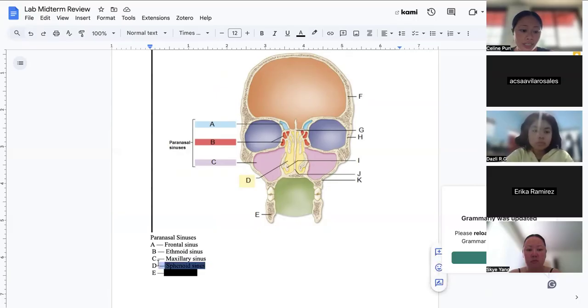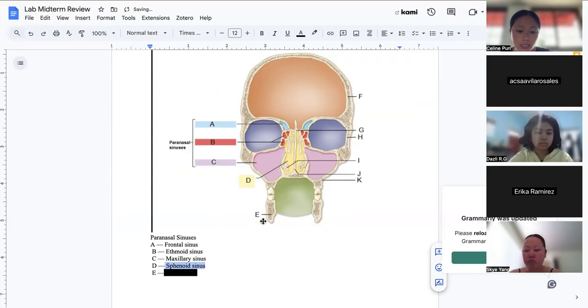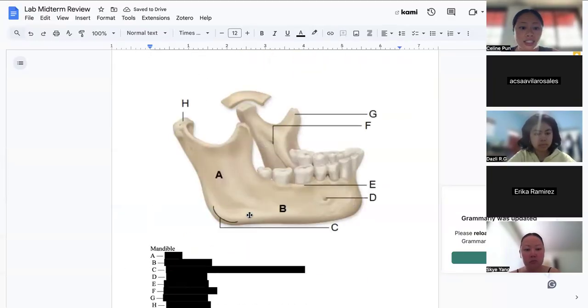It is your sphenoid sinus. And E, what is this one called? This one is not a sinus, so we're not going to look at E actually.